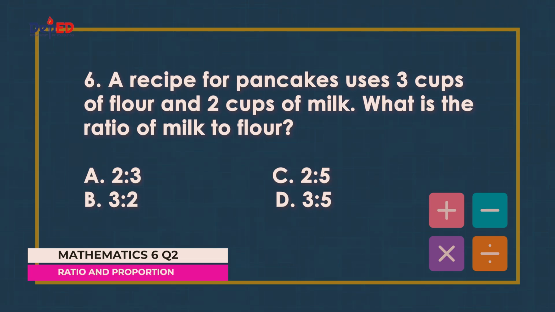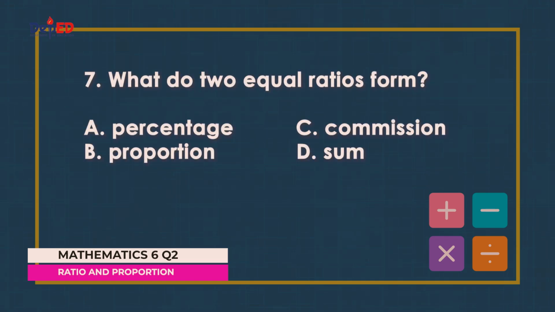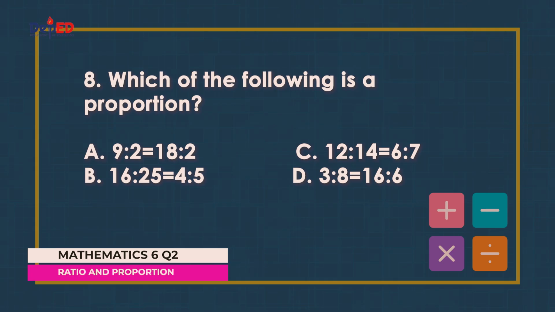Or letter D, 3 is to 5. Number 7. What do 2 equal ratios form? Is it letter A, percentage? Letter B, proportion? Letter C, commission? Or letter D, sum?